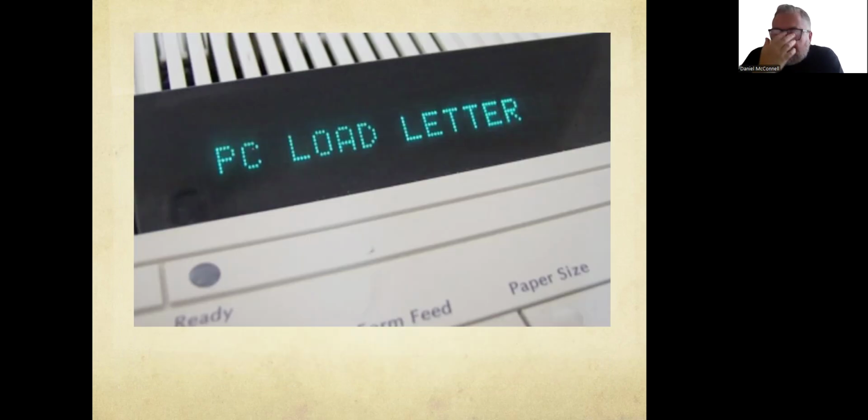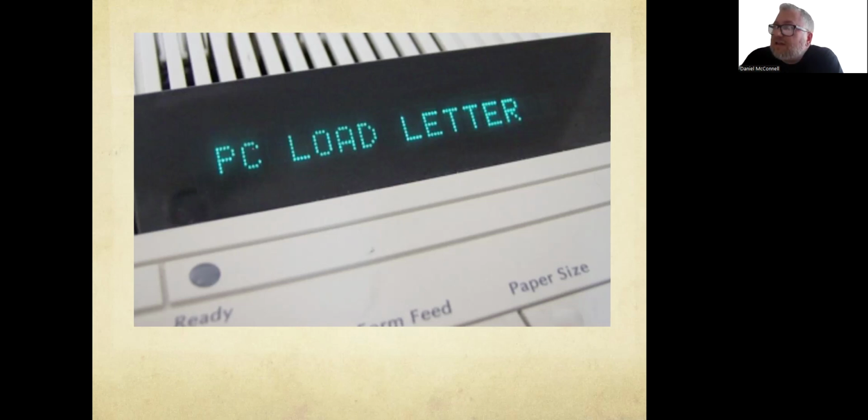The infamous one, if you've never seen the movie Office Space, which is about 25 years old or so by now, has some good human factors plus IO psychology humor, as well as being just a good funny movie. But PC load letter, what does it mean, right? I don't think printers use these kinds of messages anymore. We've finally gotten smarter about this, but for a good chunk of the 90s and early 2000s, if a printer ran out of paper, the code for that was PC load letter, right?